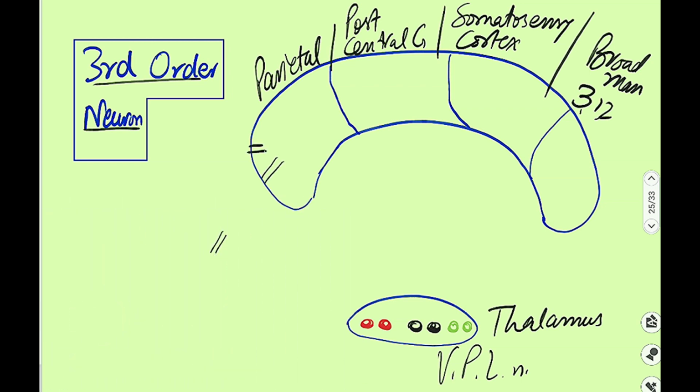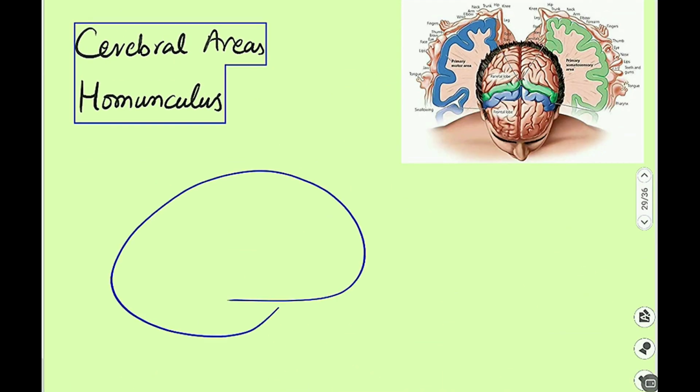Where is this cerebral area and what is meant by the homunculus? So this is the superolateral aspect of the cerebral cortex. Over the surface, we have a deep groove, a deep sulcus known as the central sulcus. In front of the sulcus is the frontal lobe, and behind the central sulcus is the parietal lobe. In front of the central sulcus, parallel to it, we have another sulcus known as the precentral sulcus.